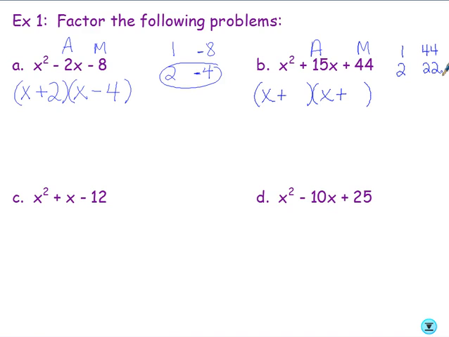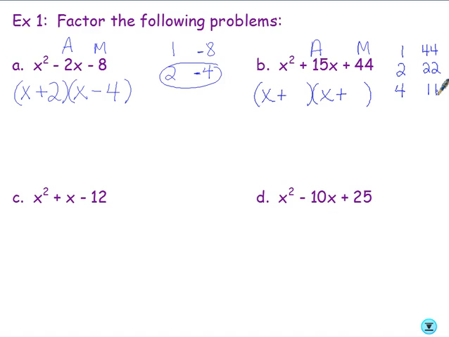Does 3 go into 44? What's 44 divided by 3? Is it a whole number? No. Can 4 go into 44? Yes. 44 divided by 4 is 11. And those are your three options.